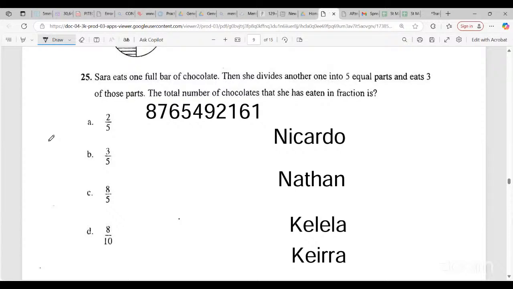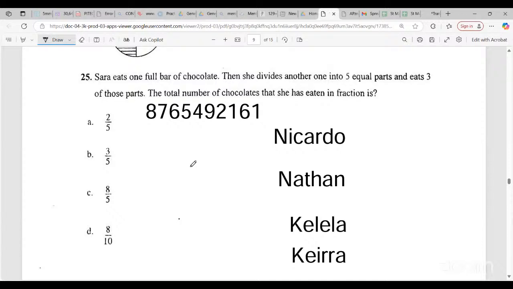I got C, 8/5, sir, because she ate 1 full chocolate bar. So that's a whole. And then she divides another one into 5 equal pieces and eats 3 out of those 5 equal pieces, sir. When you break down 8/5, the improper fraction, you get a whole number and a fraction, sir.